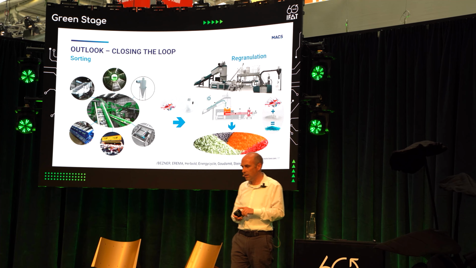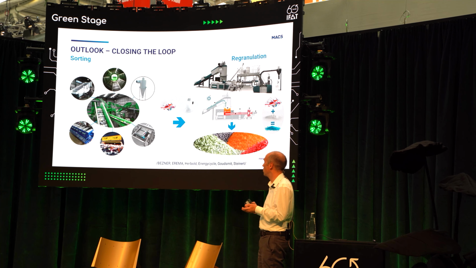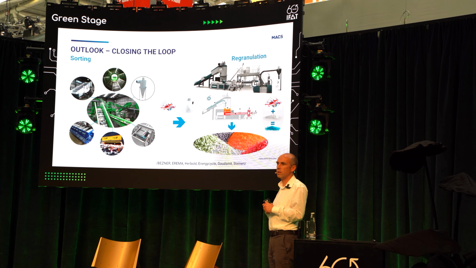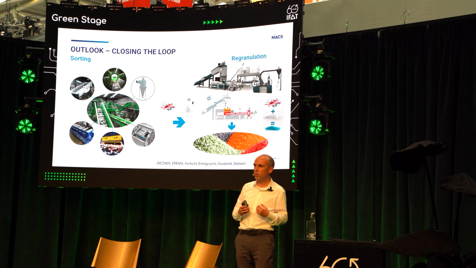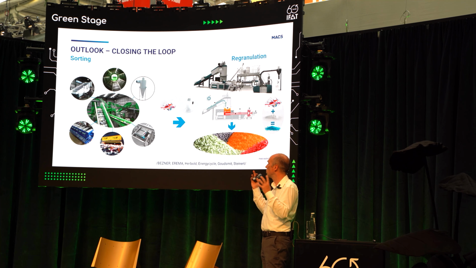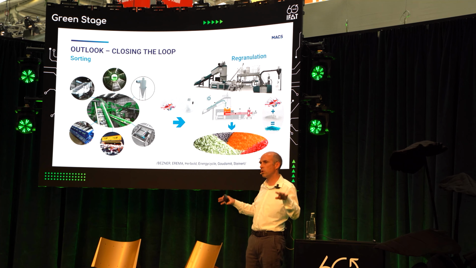And last but not least, we really want to close the loop. We are in close contact with some sorting companies, and we want to take our waste that comes out of our MACS machines and want to go to a sorting plant, and we want to sort different fractions out of it.